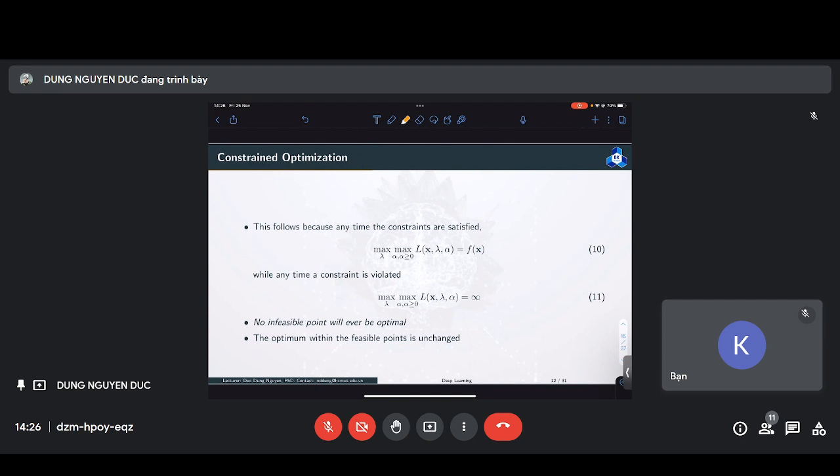In general, this constraint optimization can be a little bit more general than the idea you had before, where the loss function includes another regularization term. So we don't want that. We want something better.